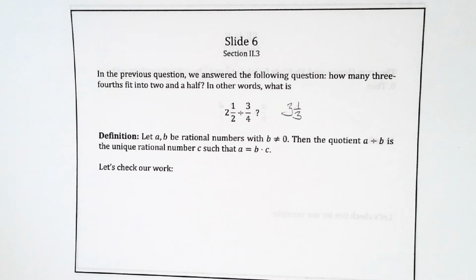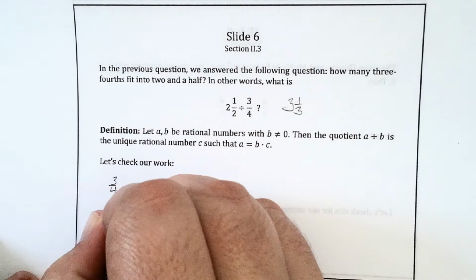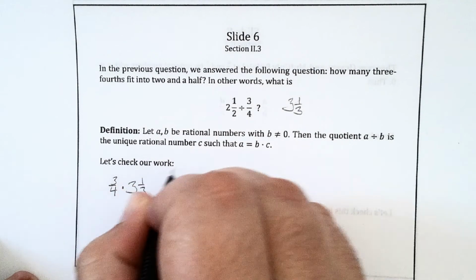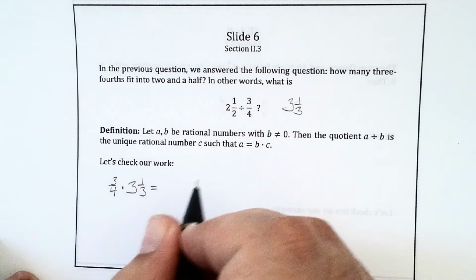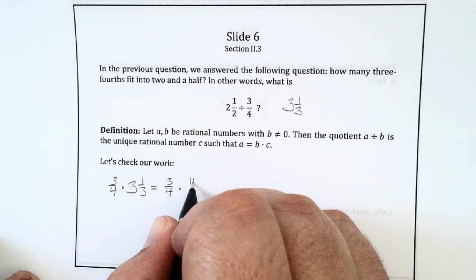So let's check our work. According to what we just did, we should have 3/4 times 3 1/3 equals 2 1/2. So we'll work that out. So let's see, 3/4 times 10/3.